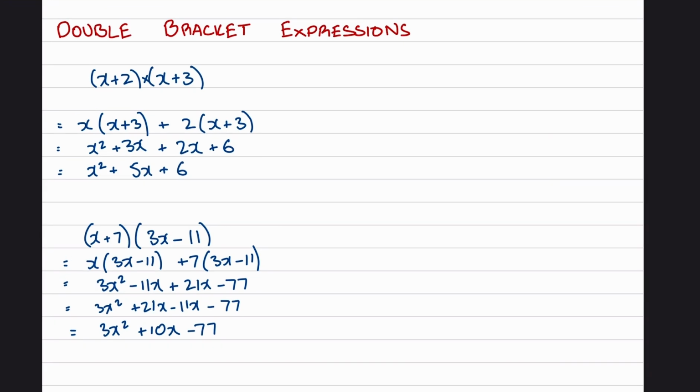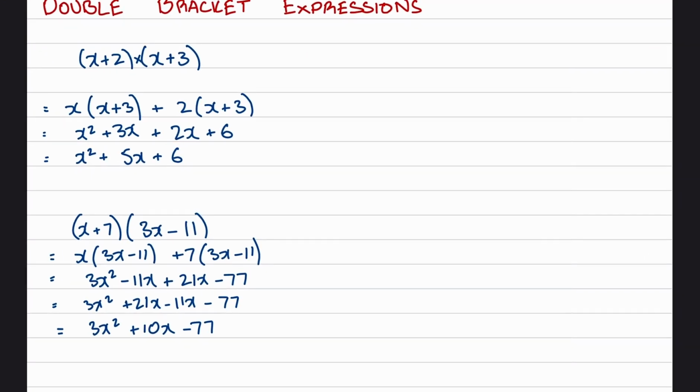Now what if I had a bracket (x plus 2) whole squared? Well, whole squared essentially means that the expression, the number, the term is being multiplied by itself, right? So I can write this as (x plus 2) into (x plus 2), and then I follow suit like I have with the previous two terms.